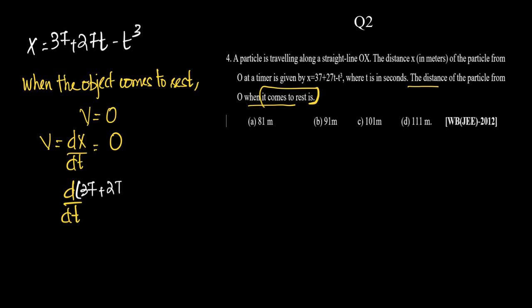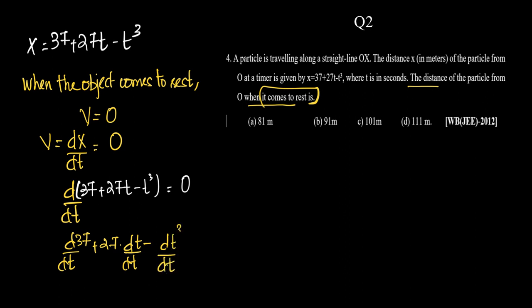So d by dt of x here is given as 37 plus 27t minus t cube is equal to 0. So this will become d by dt of 37 plus 27 into d by dt of t minus d by dt of t cube is equal to 0, which takes us to 0 plus 27 into 1 minus 3 into t to the power 3 minus 1 is equal to 0.